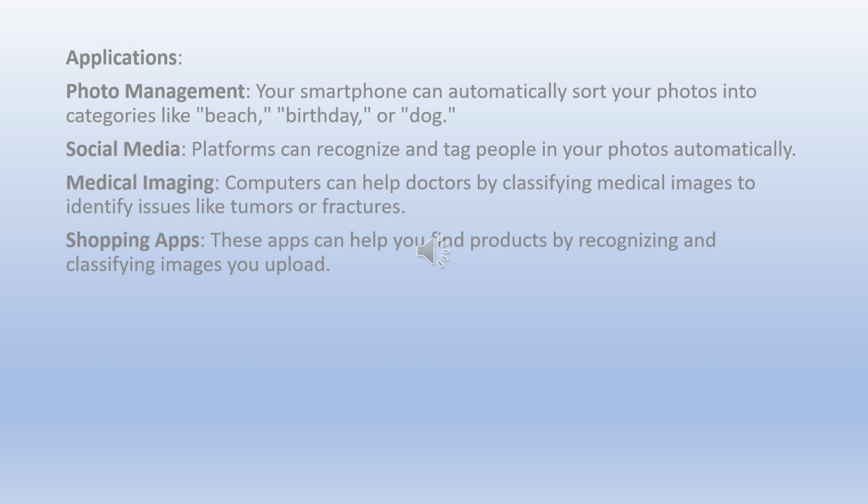Basically, our smartphone automatically sorts photos. For example, if in my phone I have photos of my sister and my brother, the smartphone by itself makes three albums where all our photos are placed.